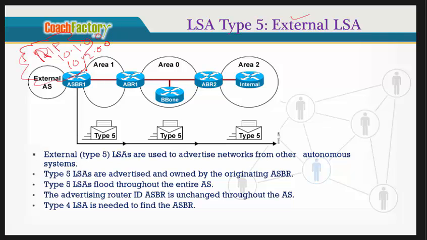This external network has been redistributed into the ASBR, and these routes will be injected into the OSPF areas by the ASBR using LSA type 5. So LSA type 5 is used to advertise external routes into the OSPF areas via the ASBR.